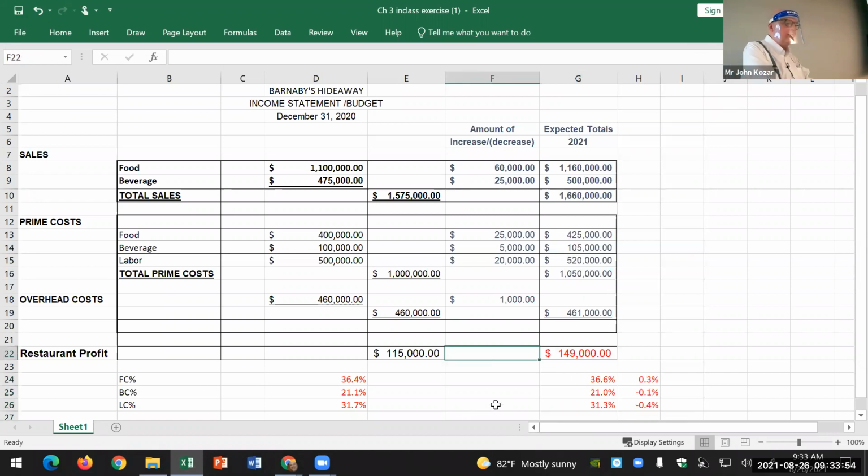I've got food cost percent actually going up to 36.6. Beverage cost percent down slightly to 21%. And then labor cost is going down to 31.3%.